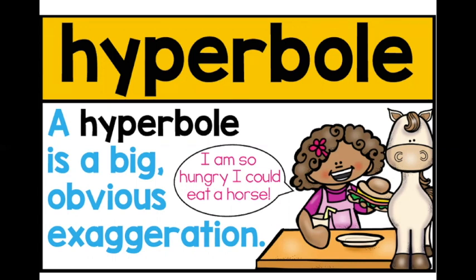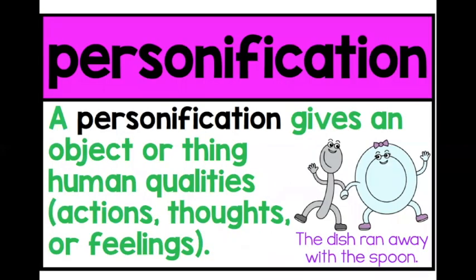And now we're going to take a look at personification. A personification gives an object or thing human qualities. So, human qualities are human thoughts, actions, or feelings. So, personification is actually really interesting to look at because what we're doing is we're giving objects that are not humans human qualities. So, let's take a look at this example. The dish ran away with the spoon.